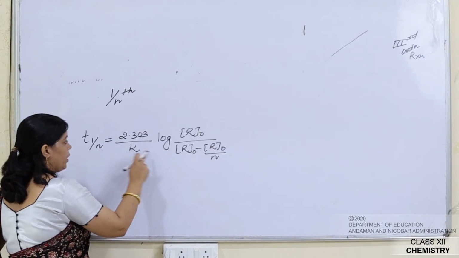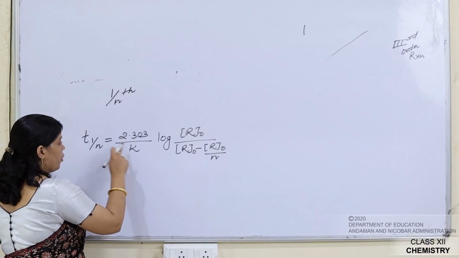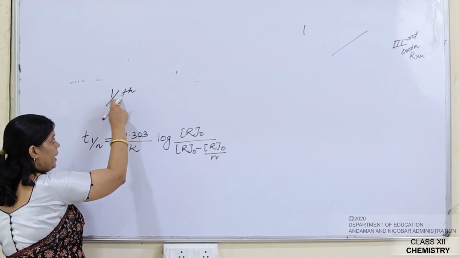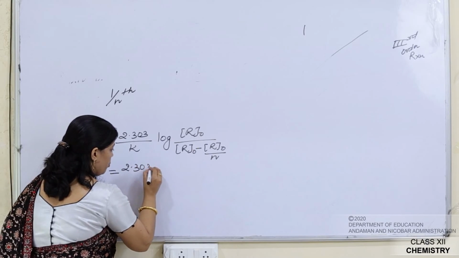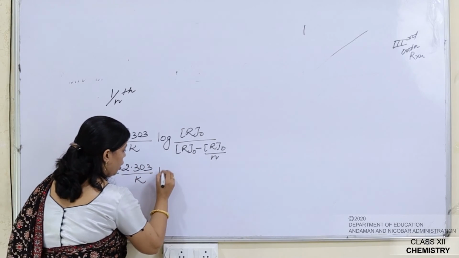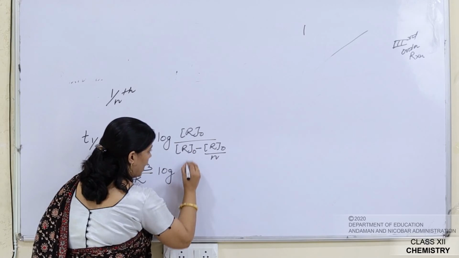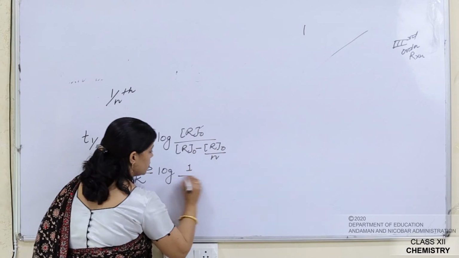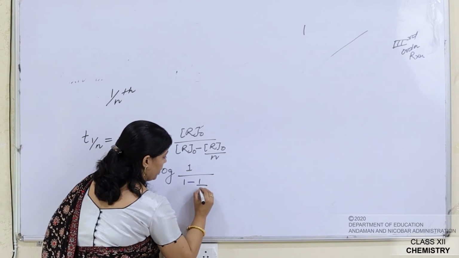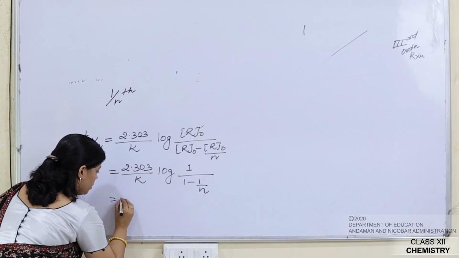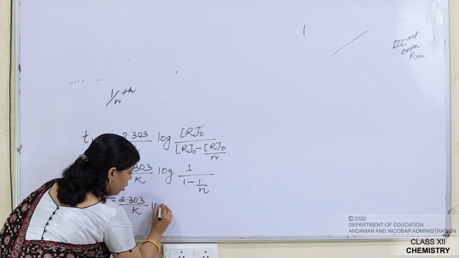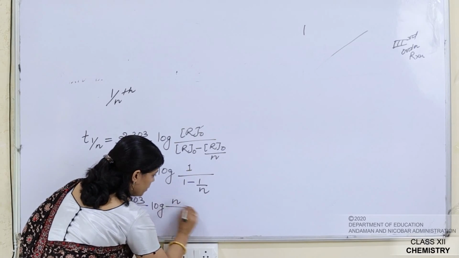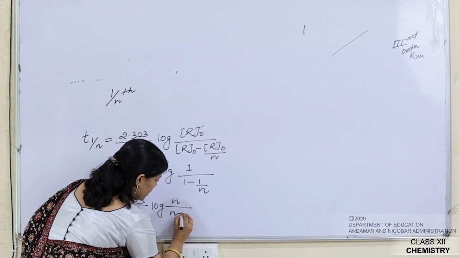Okay, for calculating the time required for the completion of 1 by nth fraction of the reaction. And after this, the R naught cancels out, and we have 1 minus 1 by n. So after that, we got 2.303 by K log n divided by n minus 1.